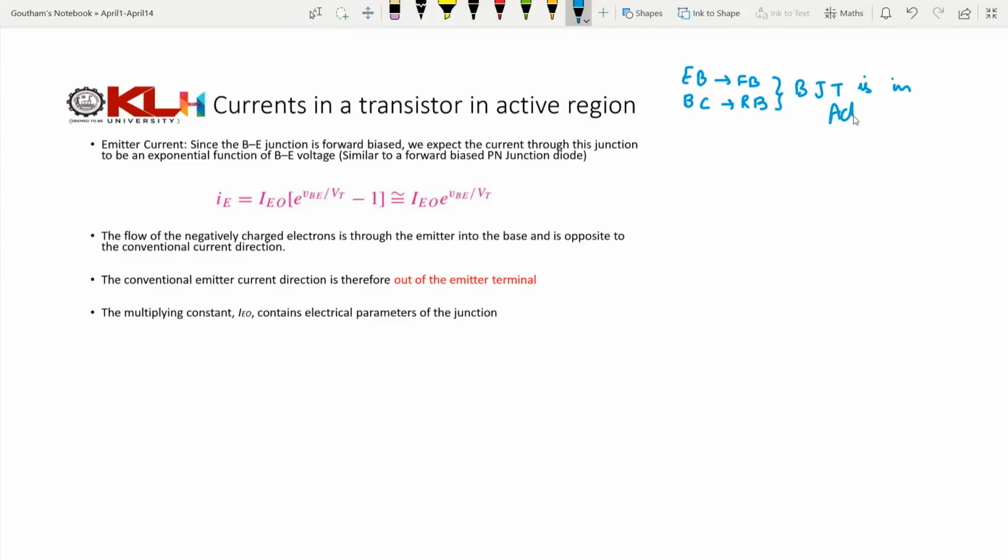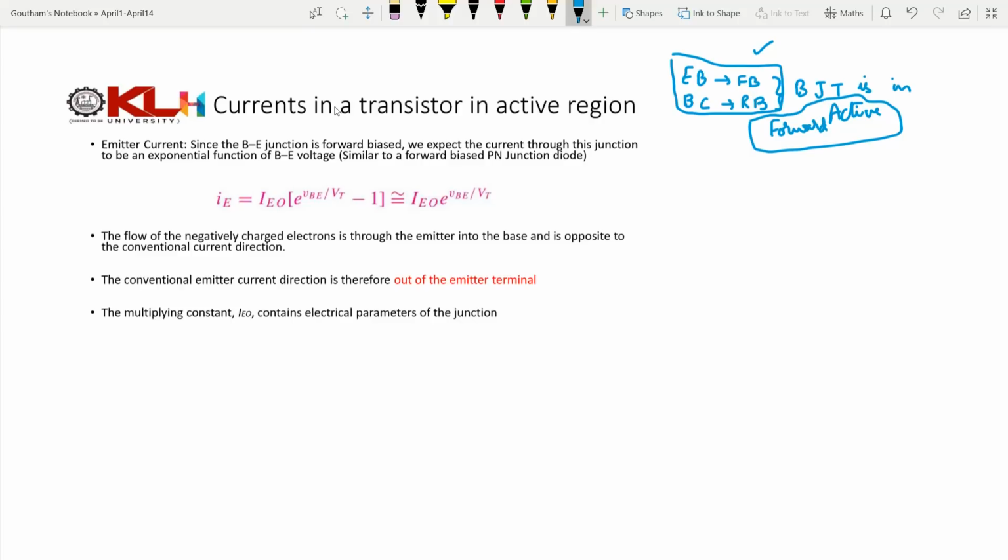It is also called the forward active region by some textbooks. Active means that the emitter-base junction is forward biased and the base-collector junction is reverse biased. So when somebody says the BJT is in forward active region, they are referring to this bias condition, that is, base-emitter forward biased and base-collector reverse biased.